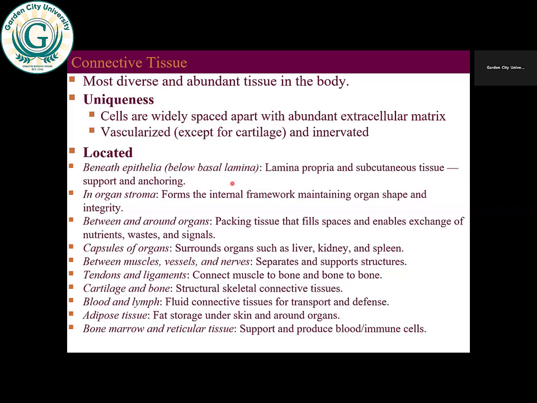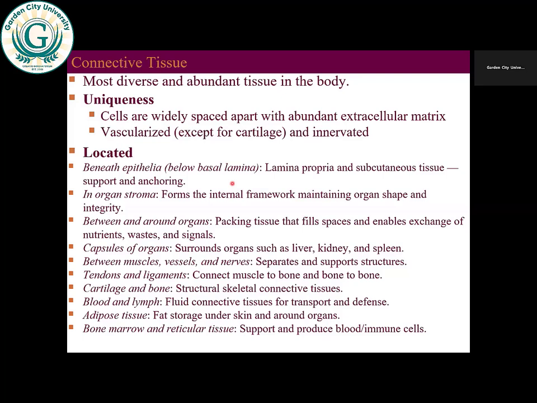Even fat, you have adipocytes as connective tissue. We have cartilage, adipose tissue. We have blood even as what? Connective tissues. We have aponeurosis as connective tissues. So connective tissues are indeed the most diverse and abundant tissue in the human body.